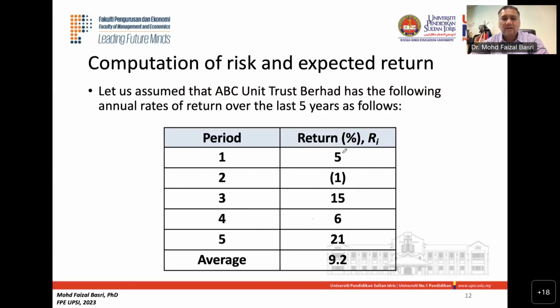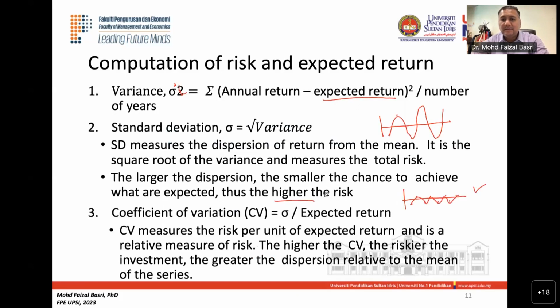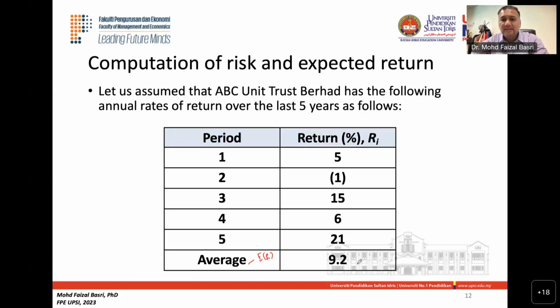You add all 5, divide by 5, we get the average of 9.2. So the average here, 9.2, refers to the expected return, the ER. The expected return is actually the average. So here is 9.2, here 9.2, the same, right?